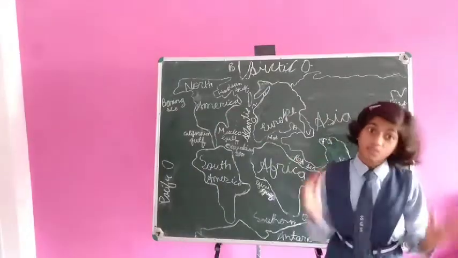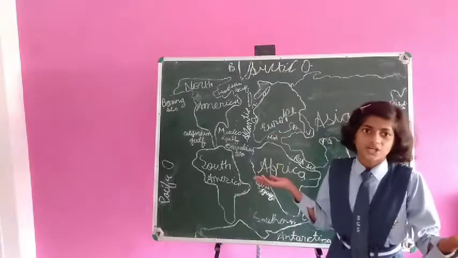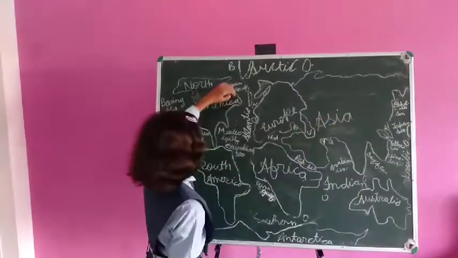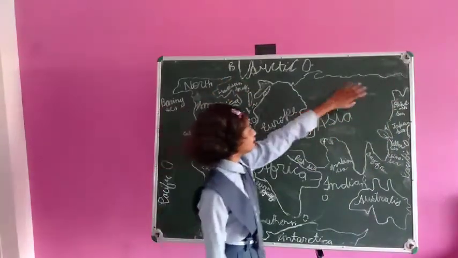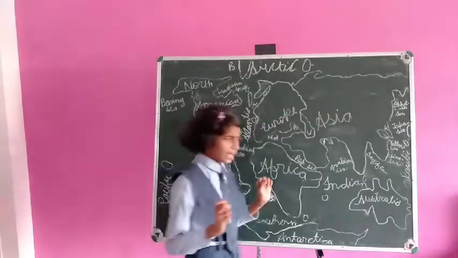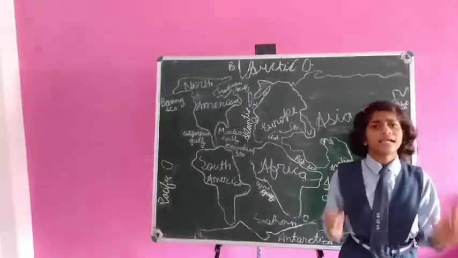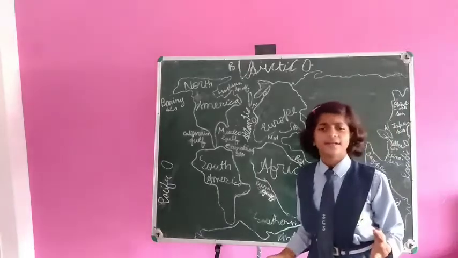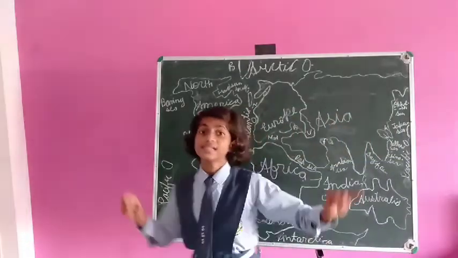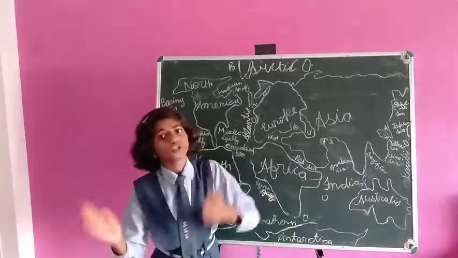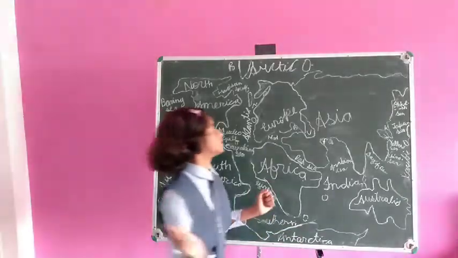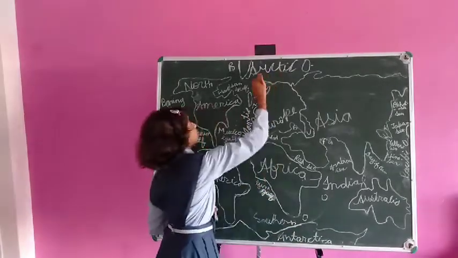The Arctic Ocean is the smallest of all these oceans. It is surrounded at the north part. You know, it is frozen in the winter season, and the ice melts in the summer season and flows as icebergs. So this is the Arctic Ocean.